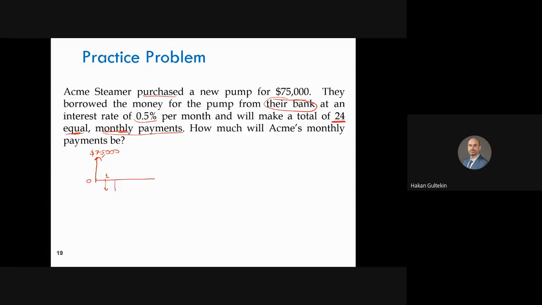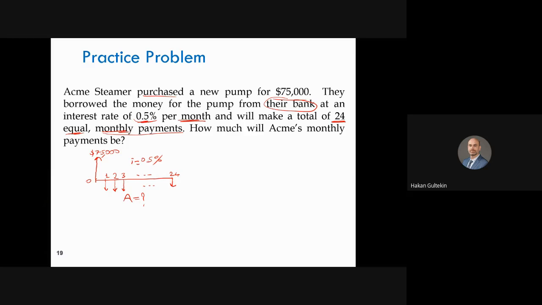At the end of the second month, I will pay the same amount. At the end of the third month, I will pay the same amount. And I don't need to write everything, just sketch it with these 3 dots. At the end of the 24th month, again, I will make this same payment. And this amount that I am going to pay, I will represent with A, because it's a uniform payment series, equal amounts, and we want to find this value. And the interest rate given per month is 0.5%.